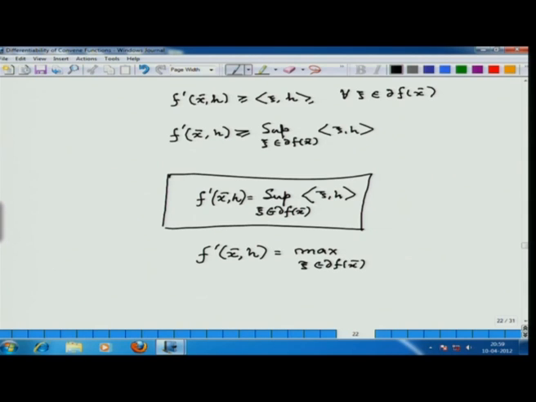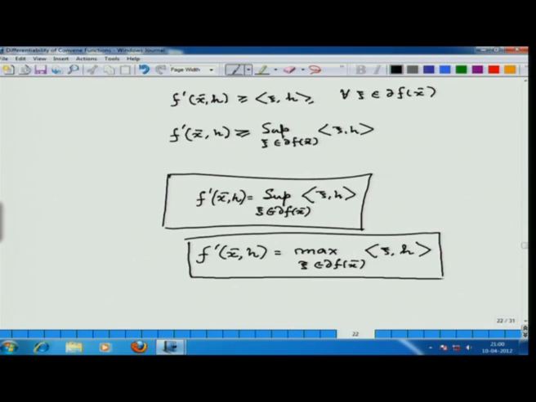So, this is how truly, through this dual nature, the directional derivative is linked with the subdifferential. This is one of the most important and far reaching formulas in convex analysis and has many applications.